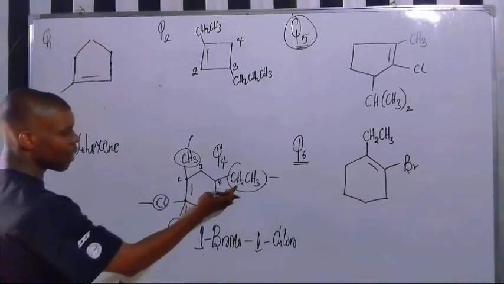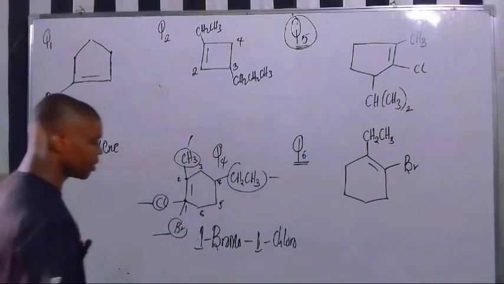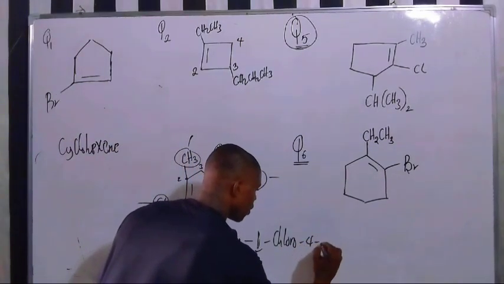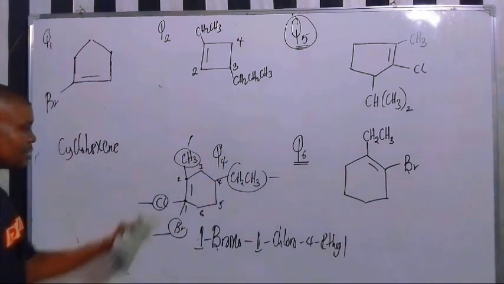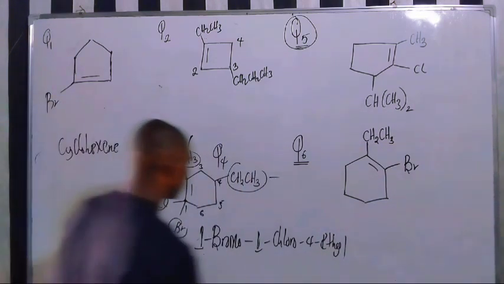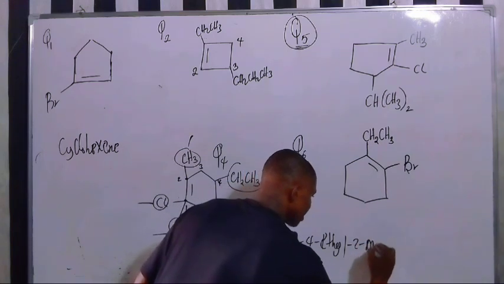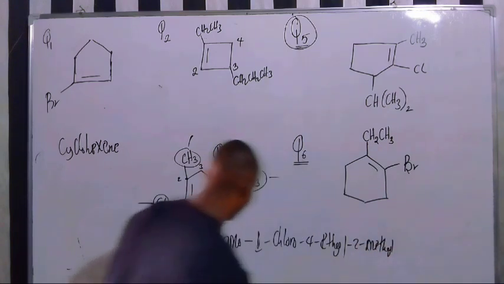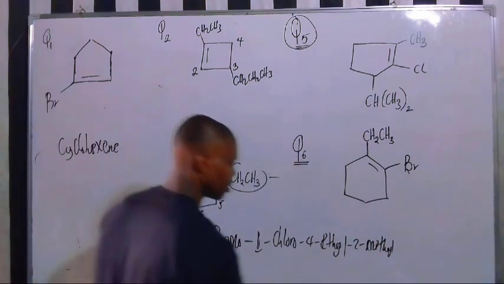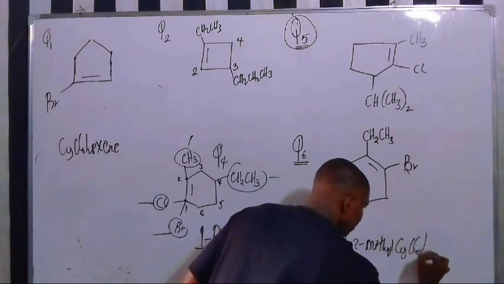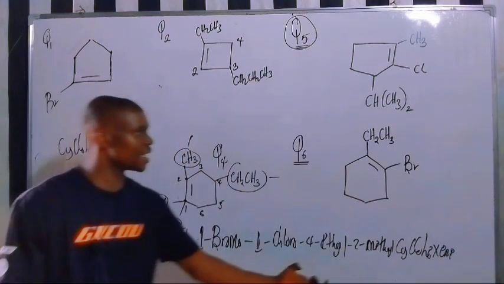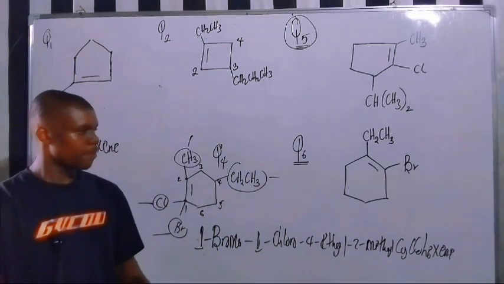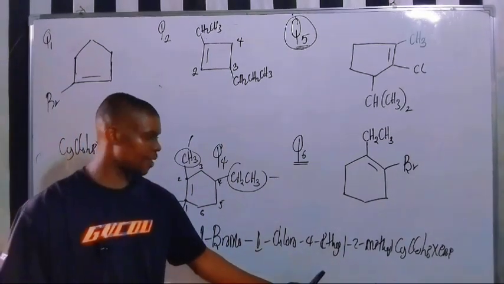Now ethyl will come before methyl, so it's going to be 4 ethyl. Then here we have carbon number 2 methyl. Then cycloalkene. You see that? That is it. Do you understand?